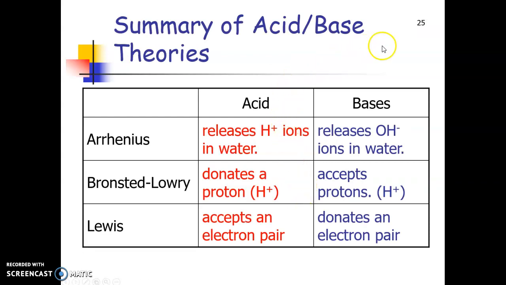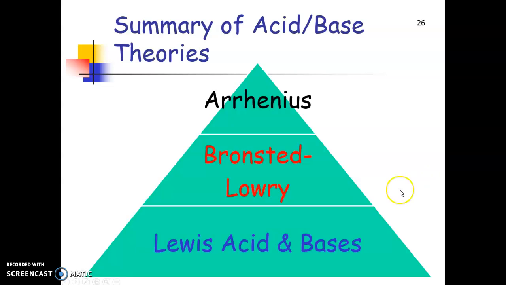Alright, here is a summary of the theories of acids and bases. And also here's a graphic just to show you that Arrhenius defines a small number of things as acids and bases. Bronsted-Lowry broadens it, and Lewis broadens it even more.